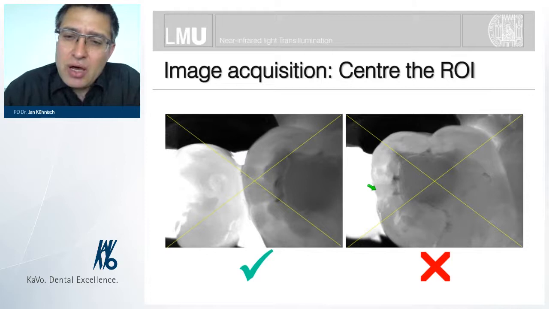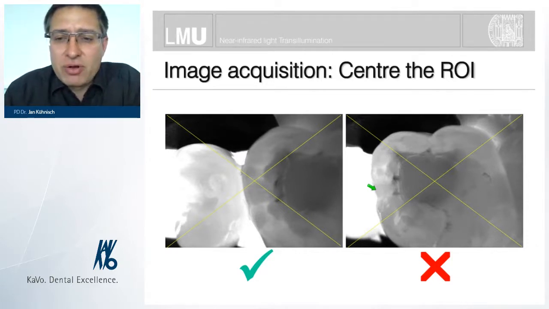And this means we have to use the camera maybe a little bit carefully, and should play with the handpiece a little bit so that we can see the demineralization if someone is present.